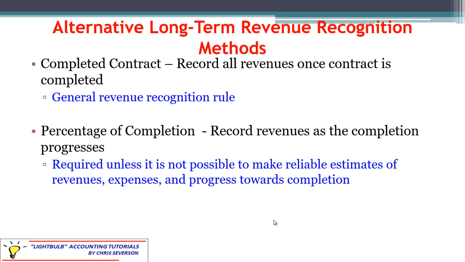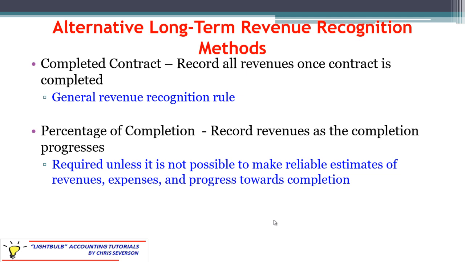Even though they may not call it that, that's essentially what it is. That's your general revenue recognition rule. The method we're talking about here is the percentage of completion method. And again, we record revenues and, I will say, profit as the project completion progresses.